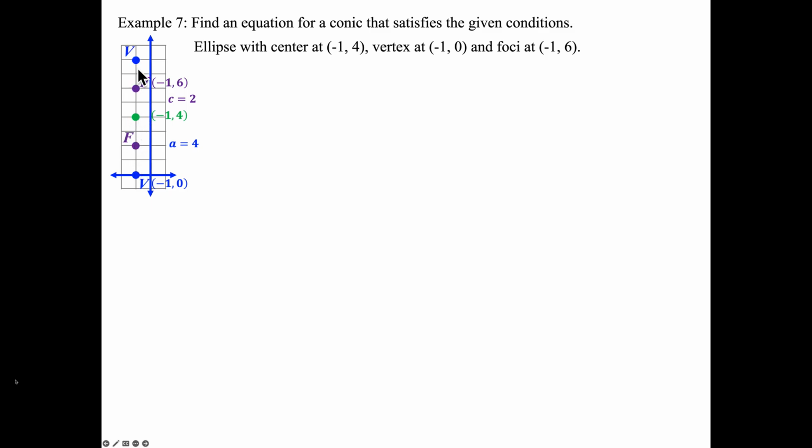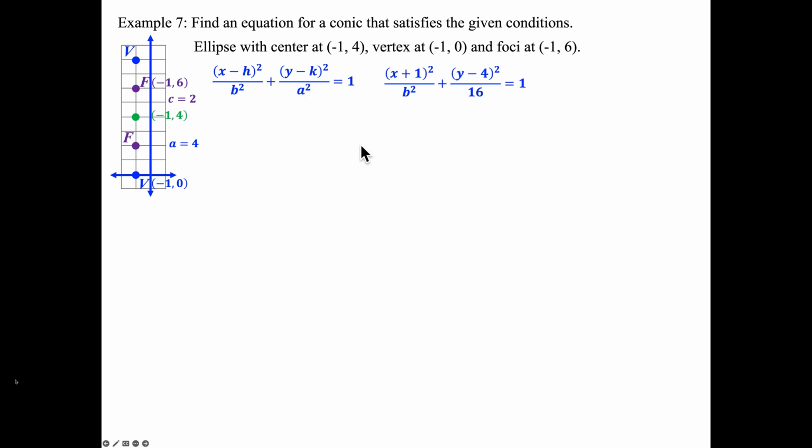If you want to plug in the other points, you can, but I think you can still see that we have a vertical ellipse. So we're going to need the a squared underneath our y minus k squared. And we can start plugging in our values. You have your h and k. We have an a, so we can put 16 underneath our y minus k squared.